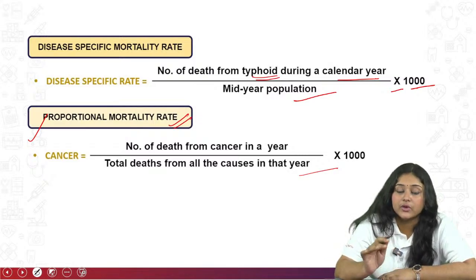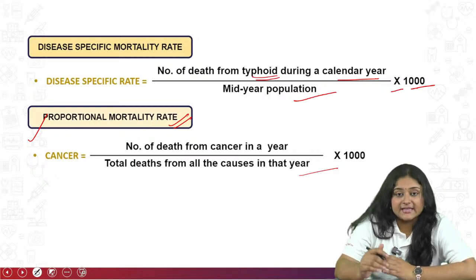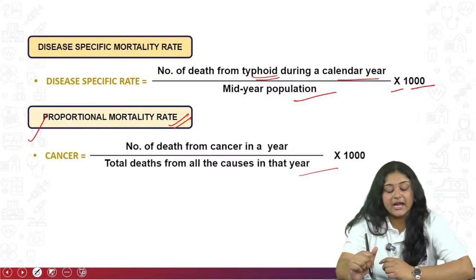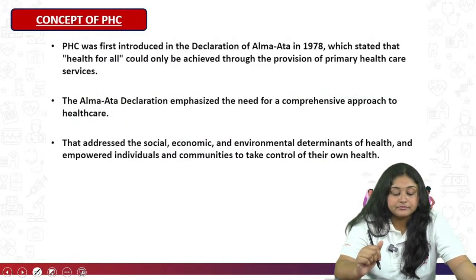You have to check the number of deaths from diabetes mellitus in a year, or from cancer in a year, divided by the total deaths from all the chronic diseases in the same year in that same particular area, and that numerical form should be multiplied by 1000. So that is called proportional mortality rate.